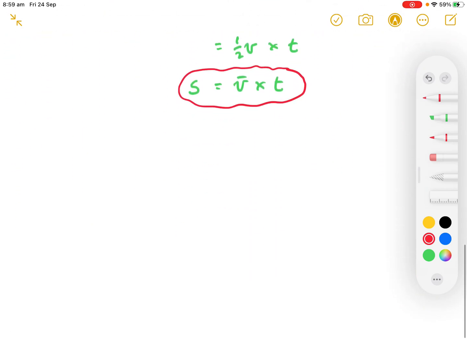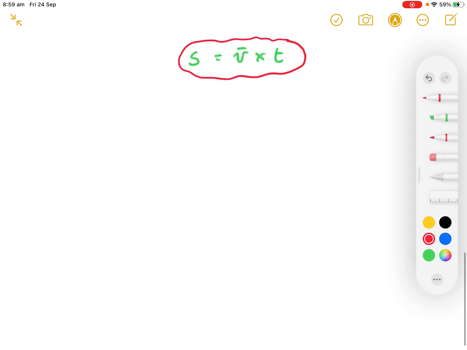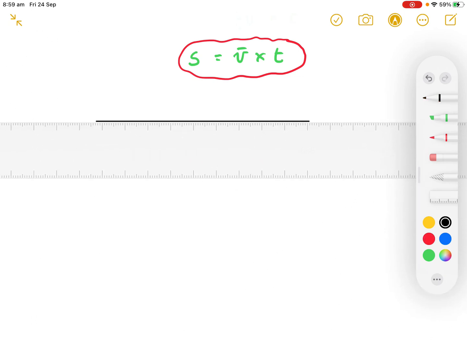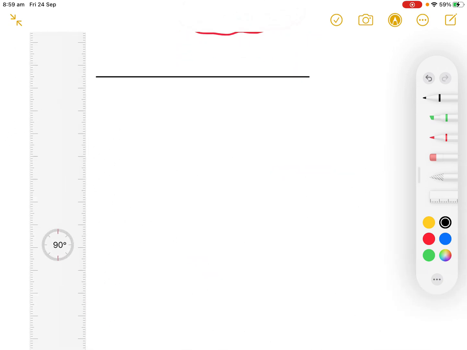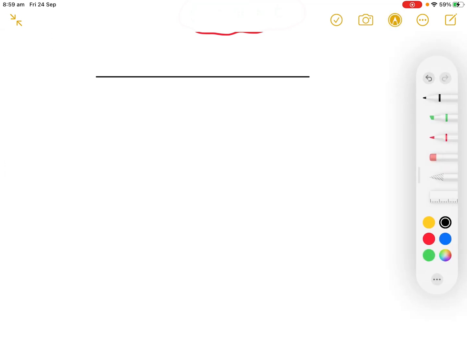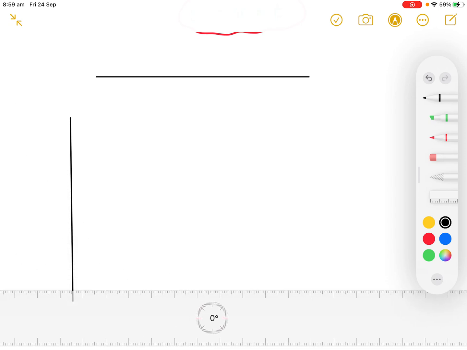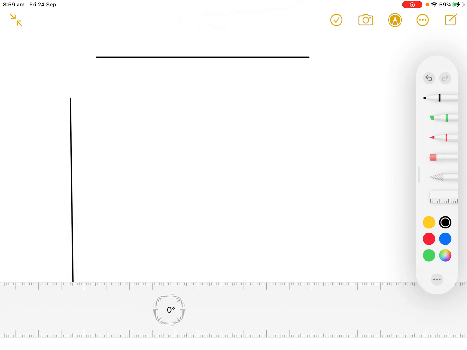you already know what the acceleration time graph looks like. Let's just draw a little line there. Okay, so just for completeness, we'll sketch the acceleration time graph again.